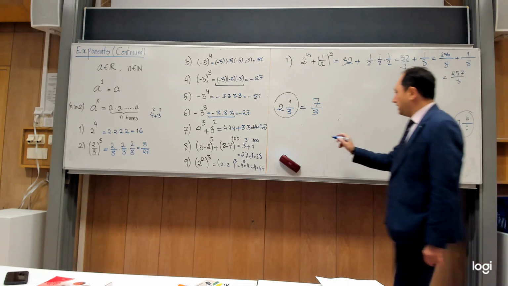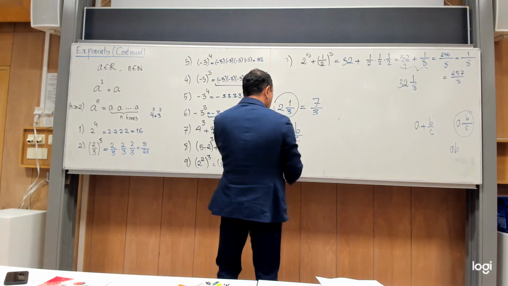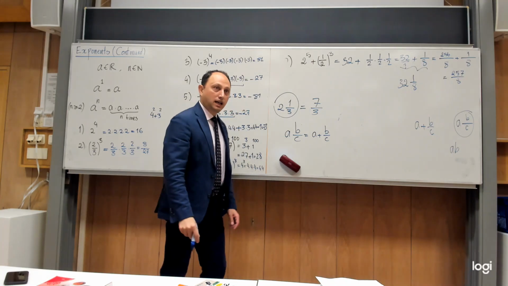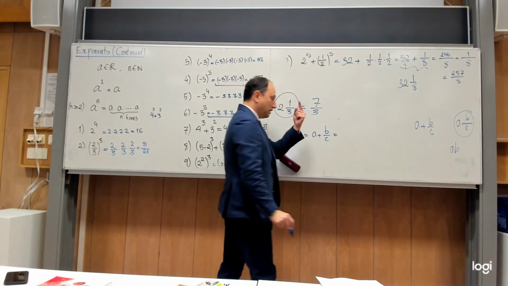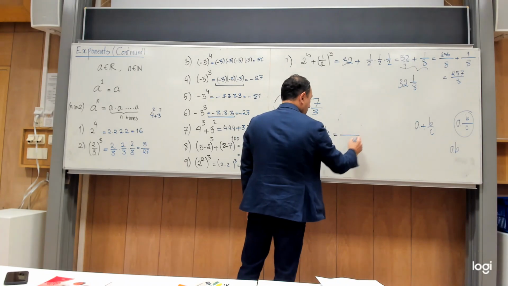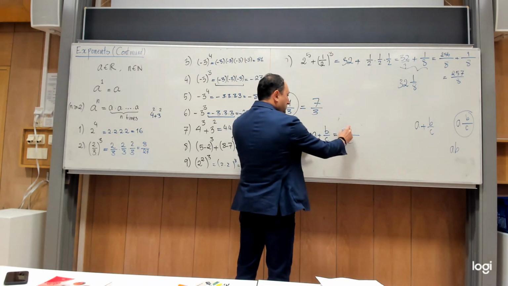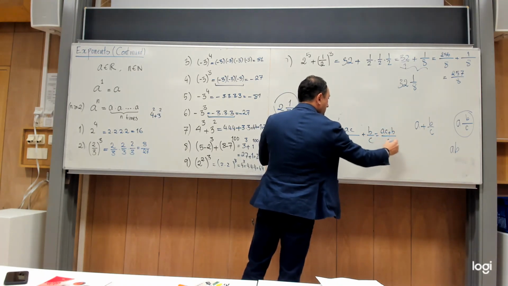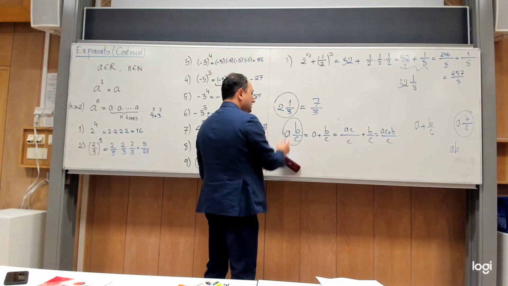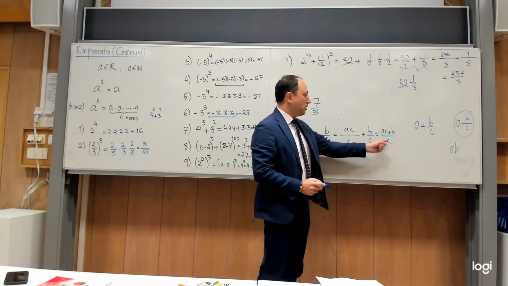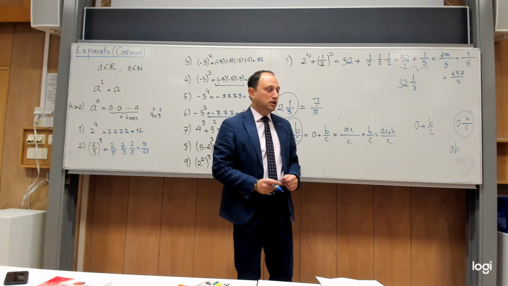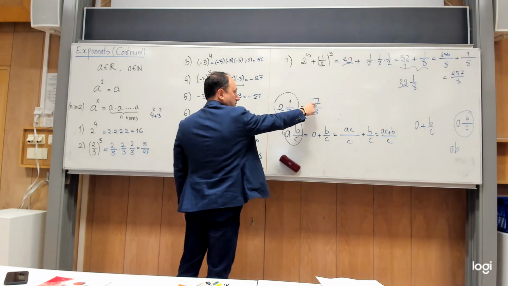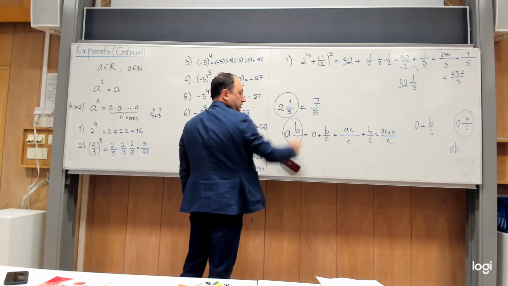When you say A, B over C as a mixed fraction, it means A plus B over C. And if you want to write it as a single fraction, you need to take the common denominator, so it becomes AC, and then plus B over C, and then add them. So it becomes AC plus B divided by C. So if you want to put this mixed fraction in the form of a proper fraction, this is the rule. The rule of thumb is to multiply this in your head by that, add this to this and put it here. 3 times 2 plus 1, 7, and 3.